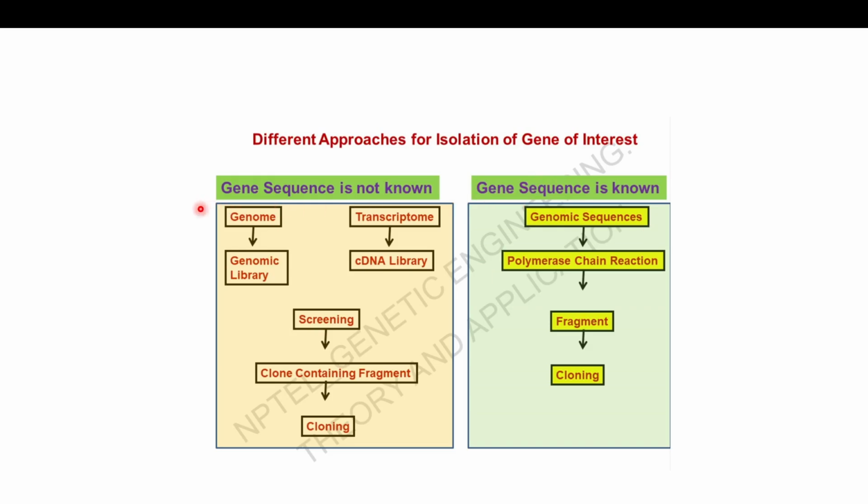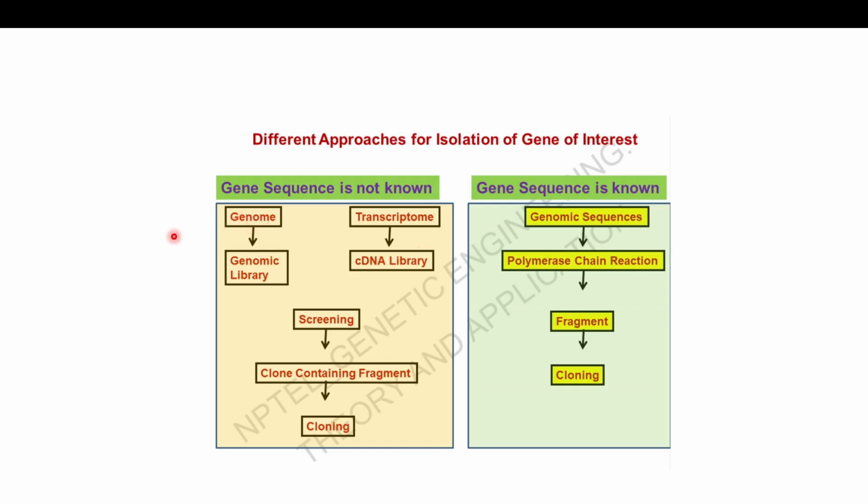Suppose we got a completely new organism that we want to study and we don't know its genetic sequence, or we found a certain characteristic in an organism and we don't know what genetic sequence encodes that characteristic. Okay, so these are the two case scenarios, and we will briefly go through each of them, what happens and what needs to be done.